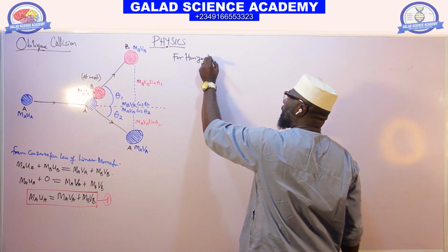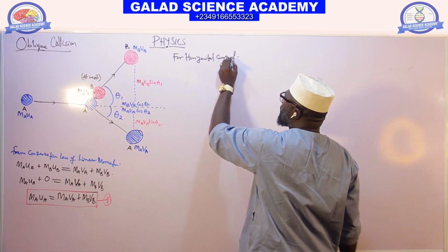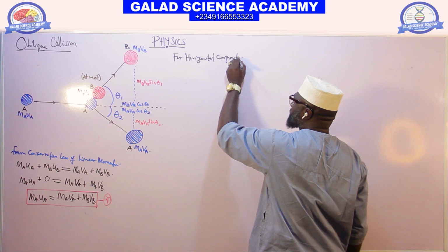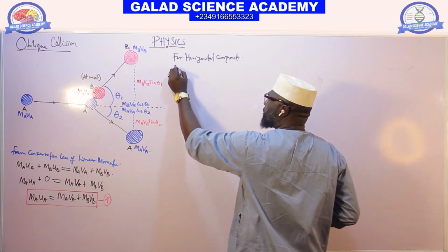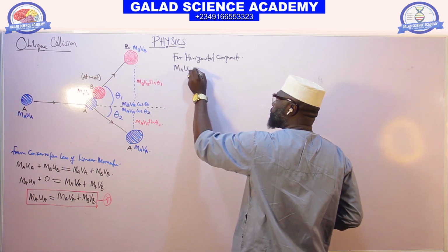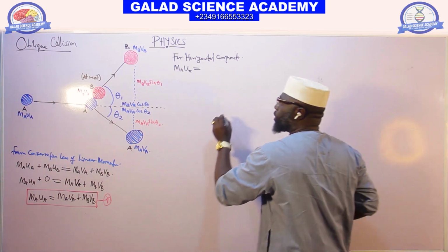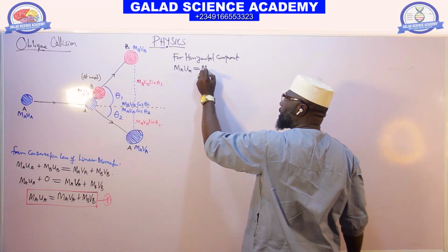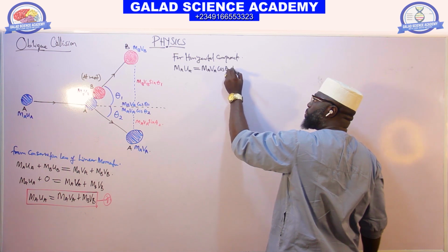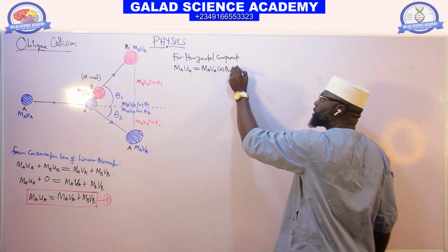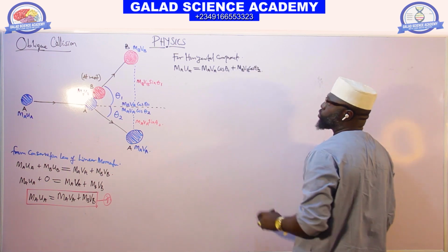So you will now substitute for it here by saying, for horizontal component, you can now have MA UA should be equal to, for this horizontal component now, MA VA cos theta 1 plus MB VB cos theta 2.